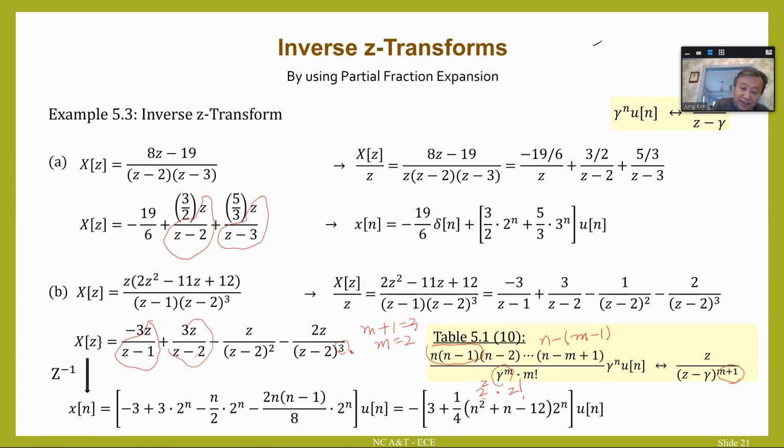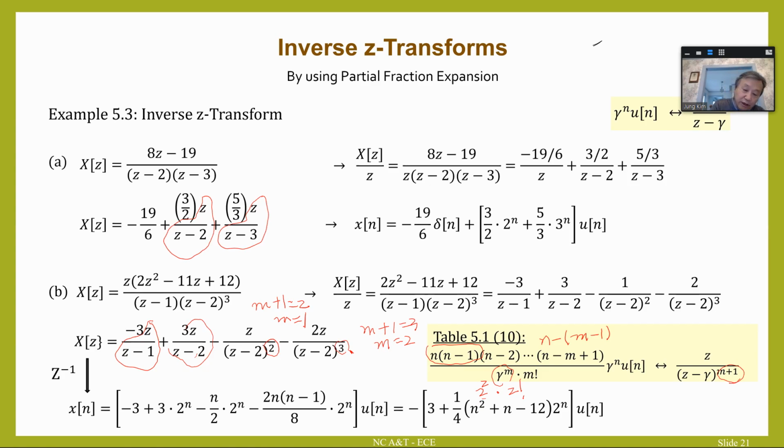And then for this case, m plus 1 equals 2, so m equals 1. So we're going to use this one here. m equals 1 is 2 to the 1, which is 2, the denominator part is 2, and then 1 factorial is 1.